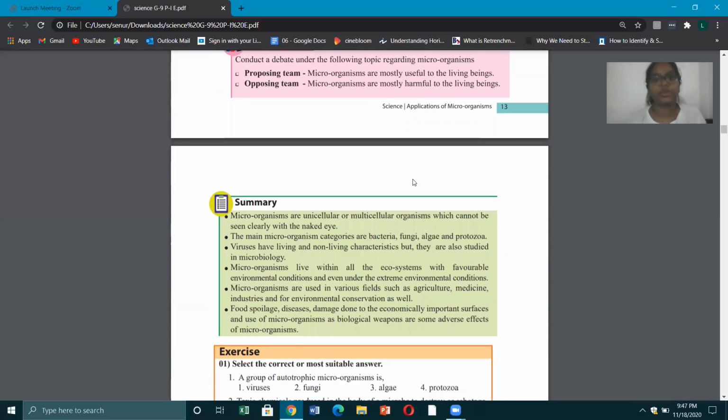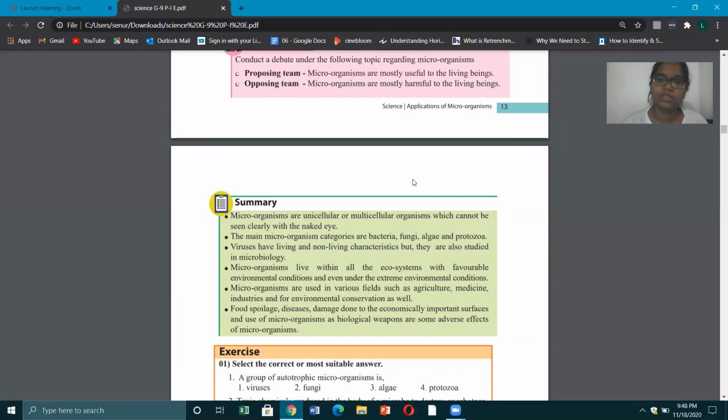Okay, so let's go through the summary quickly. Microorganisms are unicellular or multicellular organisms which cannot be seen clearly with the naked eye. Who are the multicellular ones, children? Both algae and fungi. Bacteria, viruses and protozoa are totally unicellular.